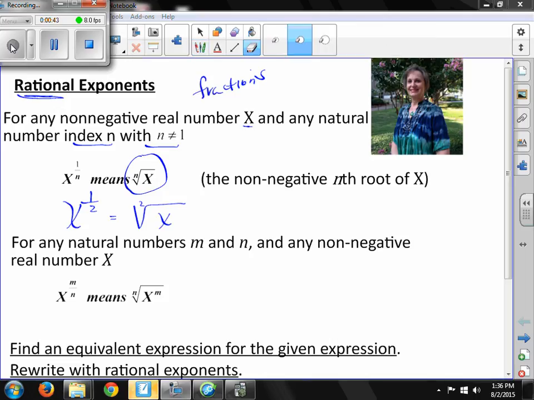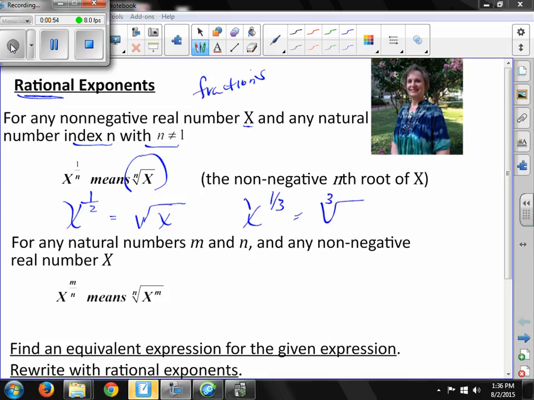It's not necessary to put in the little index when it's a square root, but I sometimes put it in for emphasis. Or if you had x to the 1/3, that would mean the cube root of x. For any natural numbers m and n, and any non-negative real number x, x to the m over n means the nth root of x to the m.